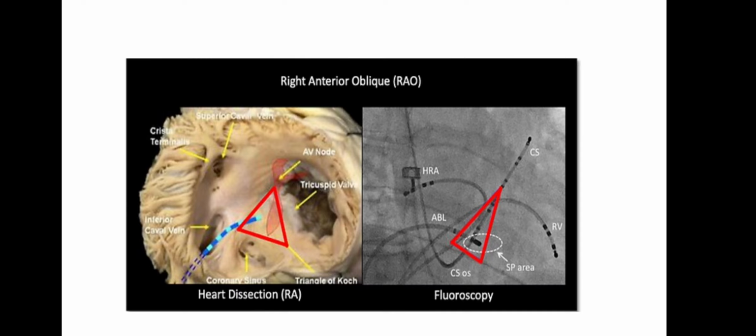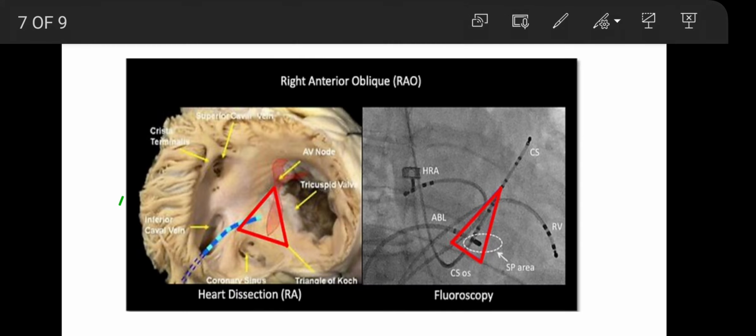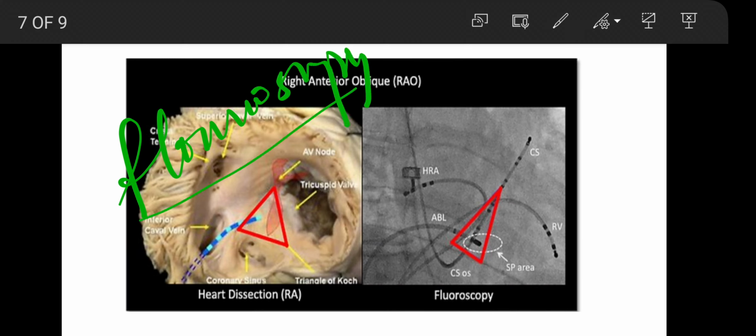Now, as you can see in this fluoroscopy procedure, which was done before, nowadays 3D mapping is available. During the fluoroscopy procedures, you can see the catheter coming inside the right atrium through the inferior vena cava.